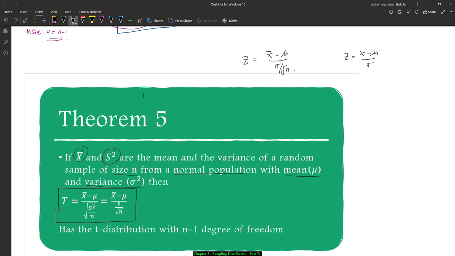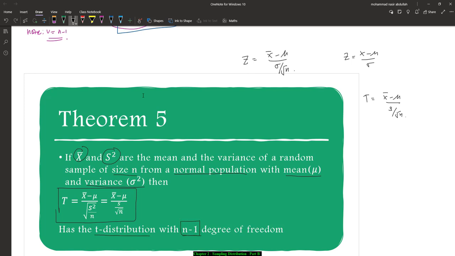Remember, if this is a standard normal distribution, when you have a t distribution, so t will be equal to x bar minus mu divided by s over square root of n. So in t distribution, when you have this formula x bar minus mu over s over square root of n, it says that t distribution with n minus 1 degree of freedom.